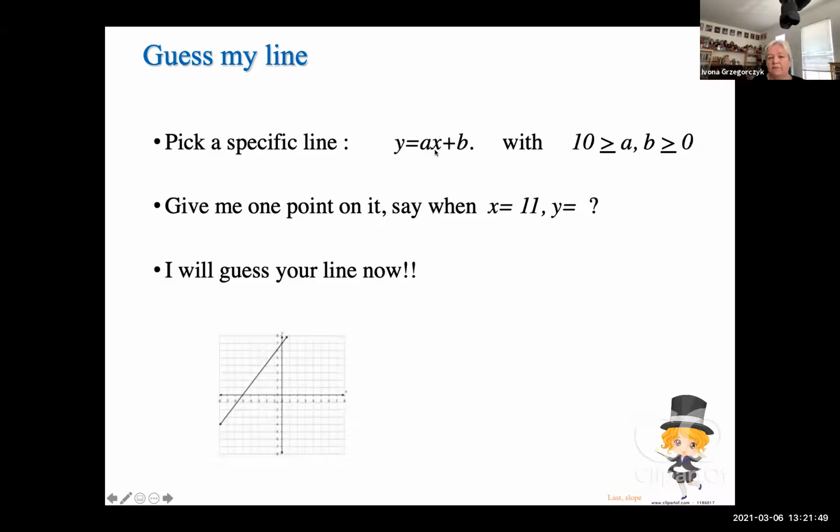So if I put 11 in here, then I will have a times 11 plus b. So for a line, I pick 11 because it's easy to divide by. If you give me a number, I divide this number by 11, and the remainder is your b.